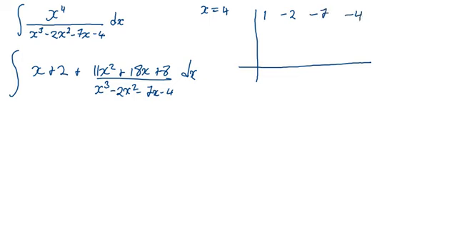The 1 is going to drop, and we have a 4 there as our x. So 4 by 1 is 4, then minus 2 plus 4 will be positive 2. Then positive 2 by positive 4 is positive 8. Then minus 7 plus 8 will be a 1. So positive 1 by positive 4 gives a positive 4. Then minus 4 plus 4 gives us a 0.